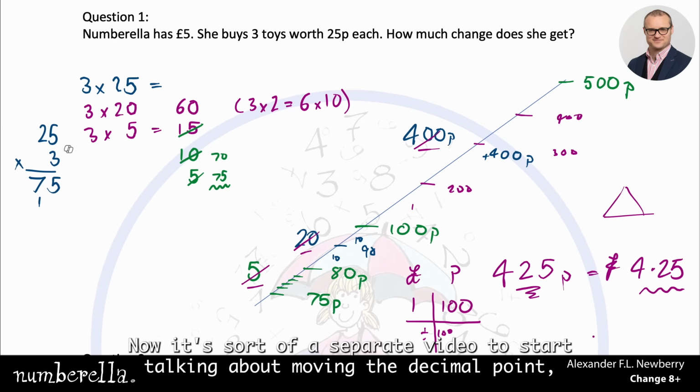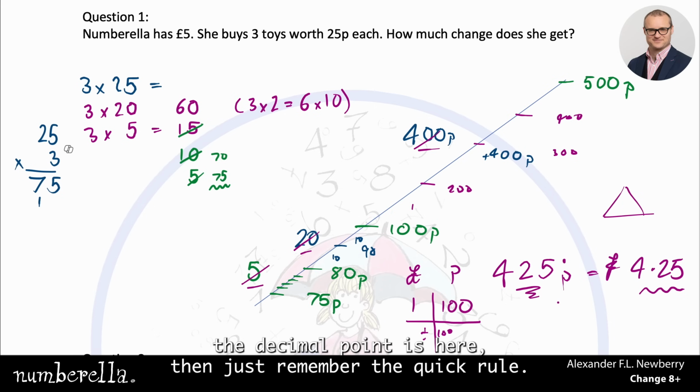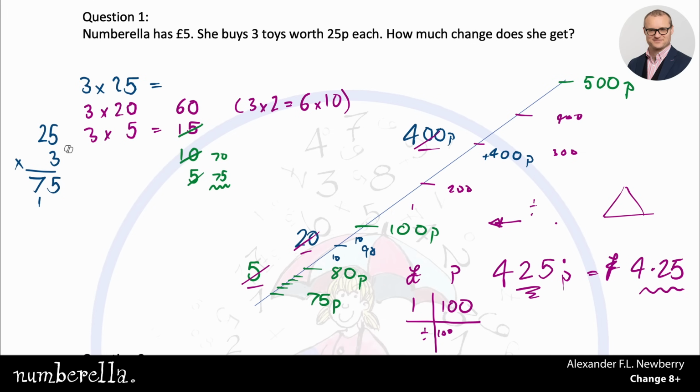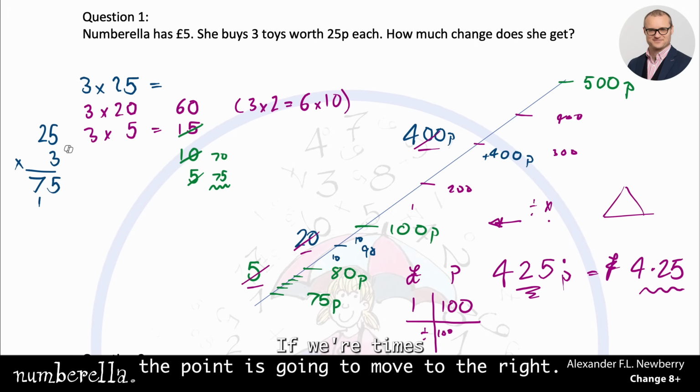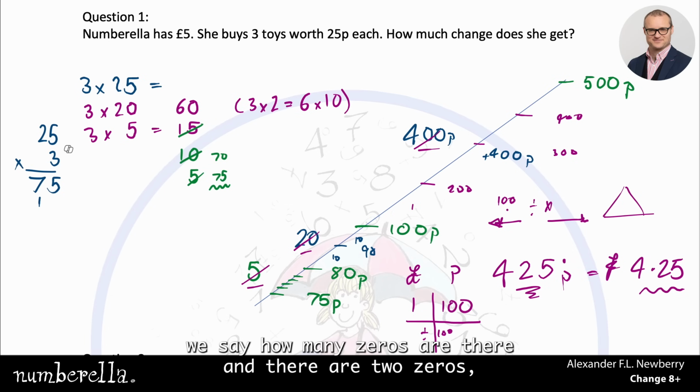Now, it's sort of a separate video to start talking about moving the decimal point. But just quickly, if we start out with 425p and we know that the decimal point is here, then just remember the quick rule. If we're dividing, the point is going to move to the left. If we're timesing, the point is going to move to the right. Now, if we're dividing by 100, we say how many zeros are there?